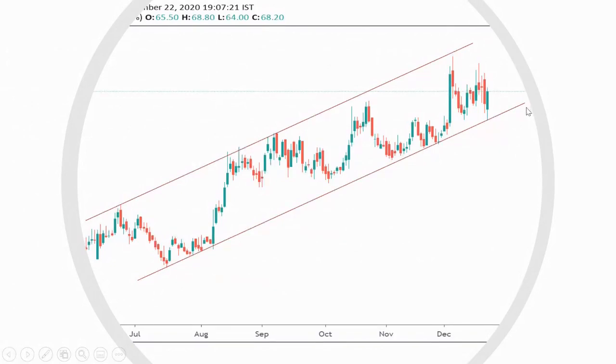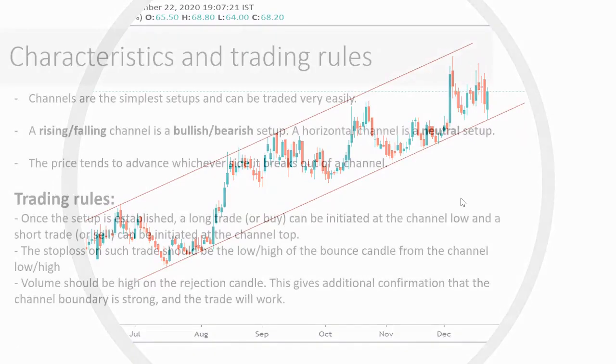This setup is no longer valid, so you should exit here. But suppose price starts moving higher, the angle of rise starts increasing and price breaks on the higher side, then you know that an even stronger movement is coming up. You can still ride that. Whichever side the price breaks, it tends to go that side with higher momentum.